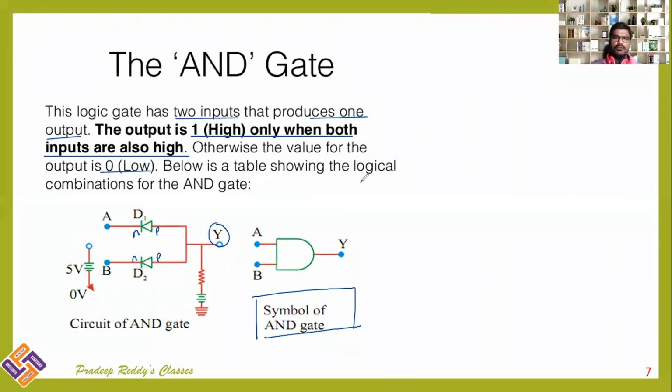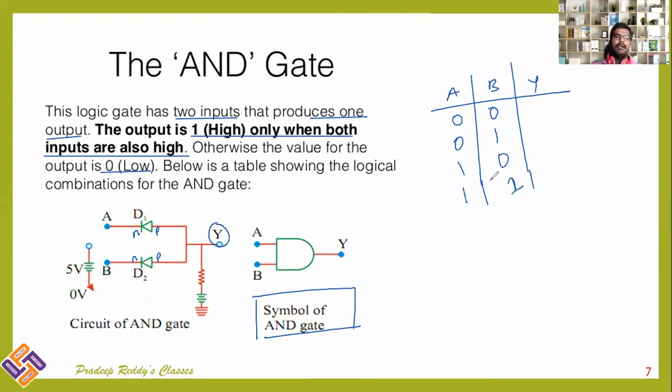Now let us see the truth table. You are providing A, B, and the output is Y. You can provide inputs 0 0, 0 1, 1 0, and 1 1. First we are providing 0, that means the input is low. If the input is low, that means you are not providing any signal, the output will obviously be low.